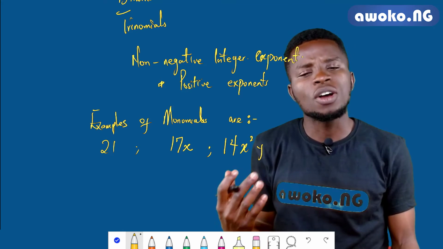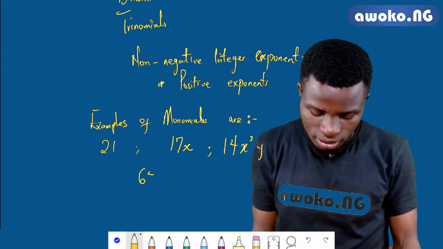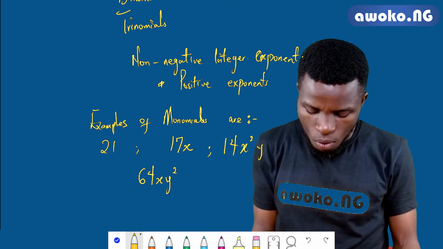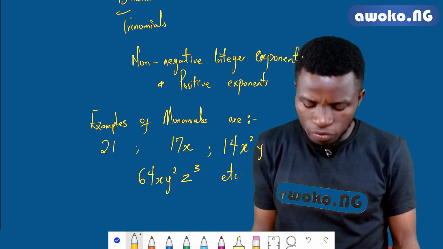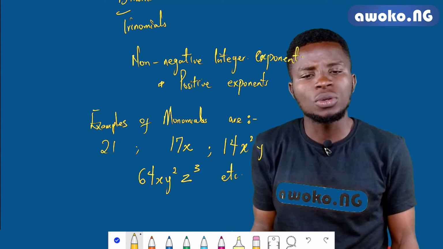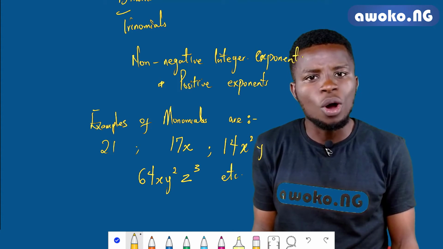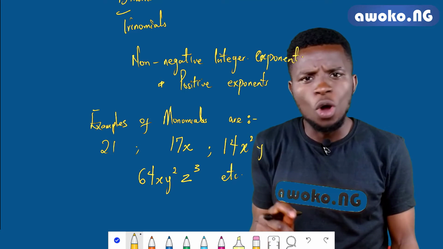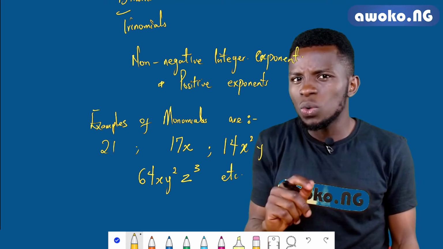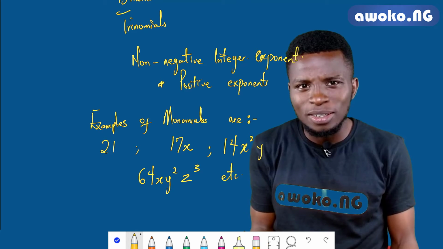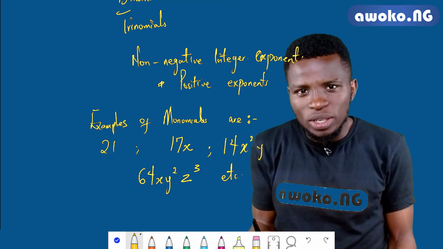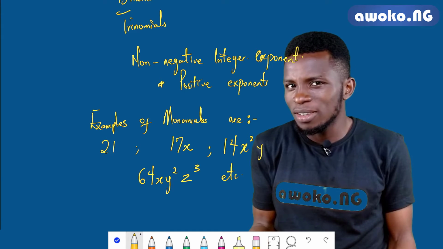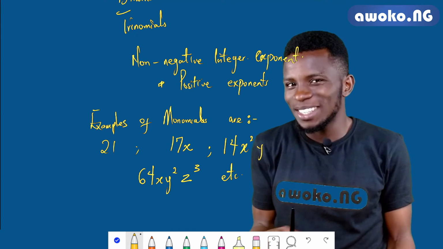We can also have other examples like 64x y squared z raised to power 3, and so on and so forth. So these are examples of monomials. But hold on, is 21 a monomial? That is the question that is put to us now. Is 21 a monomial? Of course it is.